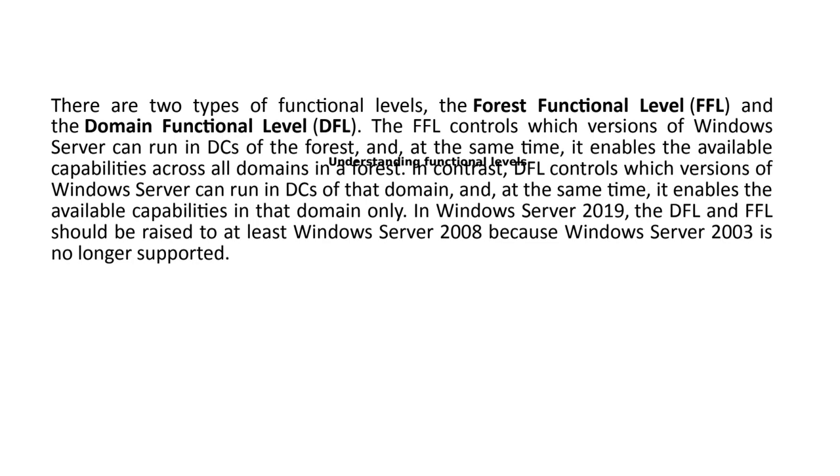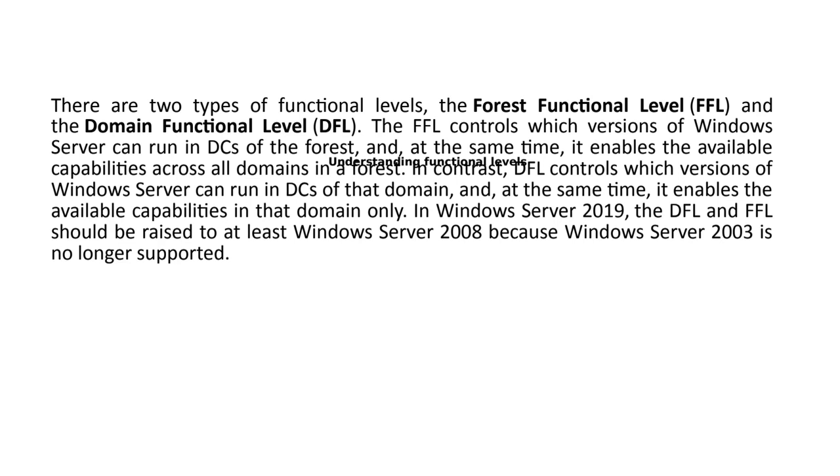So it manages all the domains. The DFL controls which versions of Windows Server can run in that particular domain's DCs. You see the difference? So DFL is more limited than FFL. The forest manages all the domains in the forest.